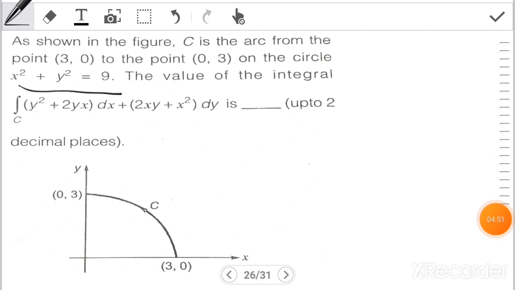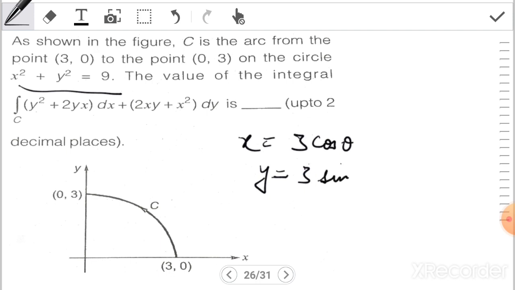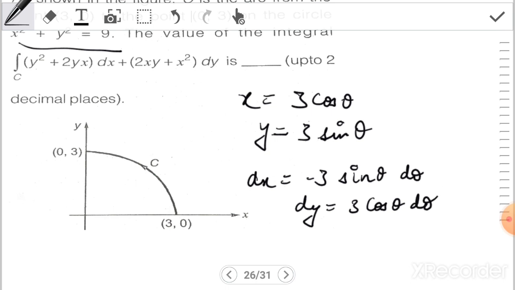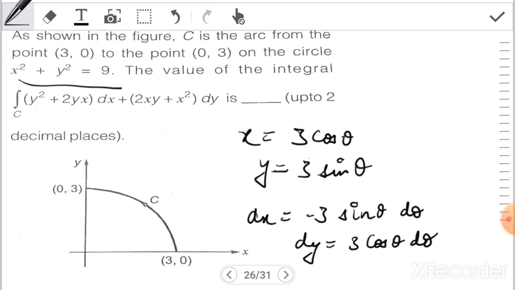So here by inspection we see that we can use polar coordinates. So let us put x is equal to r cos theta, or we have radius 3, so 3 cos theta, and y as 3 sin theta, right? So dx is minus 3 sin theta d theta, and dy is 3 cos theta d theta, and theta varies from 0 to pi by 2.